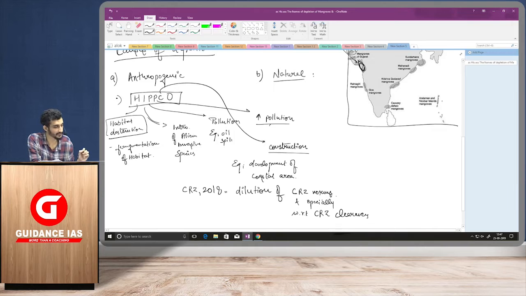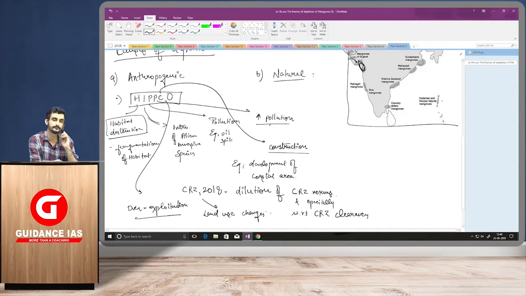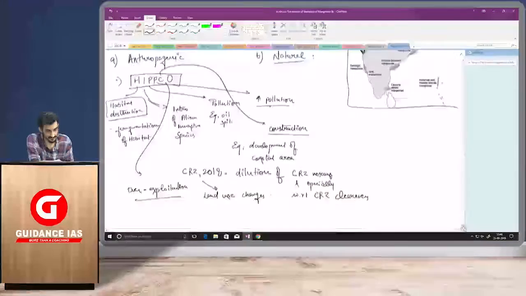So the norms have been diluted, and for O it is over exploitation. So these are the possible anthropogenic factors through which mangrove depletion can be seen. Also, there are certain land use changes, but these can be covered again in our CRZ 2018 notification.